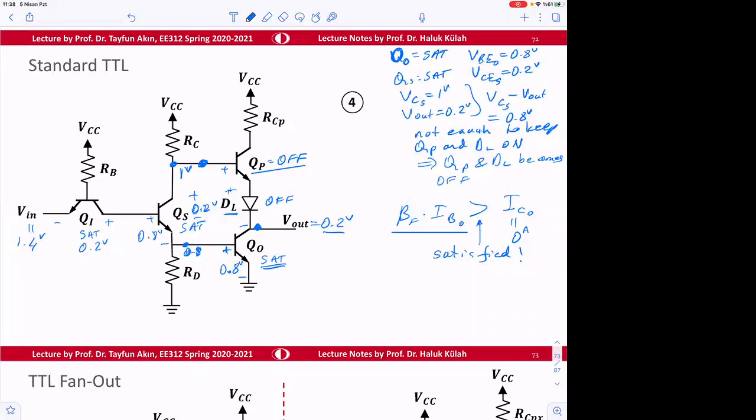So that's something where the transistors are going to be in transition mode. That's actually very tricky, so we don't go to that value.